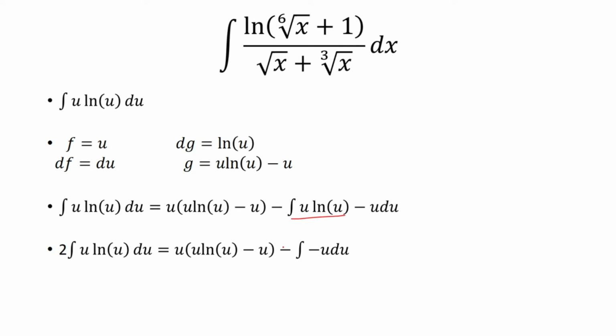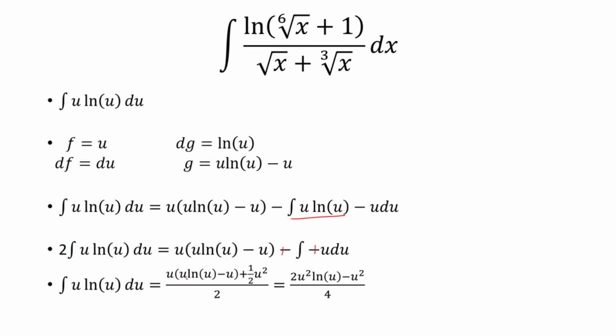Now these 2 negatives become a positive, and I'll divide both sides by 2. Here, this is the antiderivative of u du. I multiply top and bottom by 2 because I want to get rid of this denominator of 2. And so I get 2u squared ln of u minus u squared over 4.